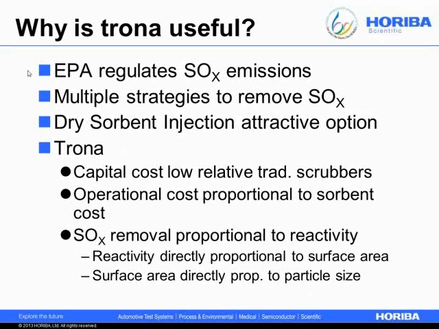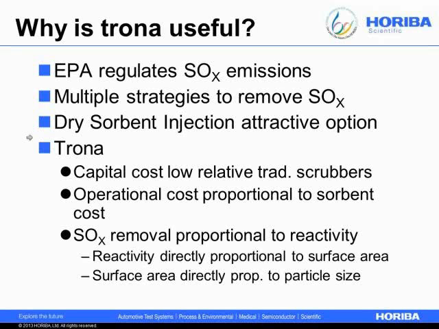So the EPA regulates SO2 and SO3 emissions, which is important because if too much of that material is ejected into the atmosphere, it's been traced to acid rain and certain respiratory issues. So they regulate how much certain plants, certain stacks can emit. And there are multiple strategies to remove these materials, and a common and very attractive option is called dry sorbent injection.